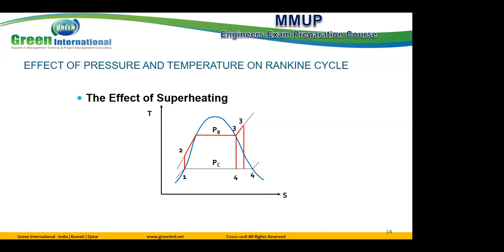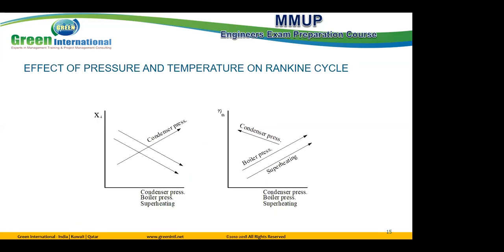The three ways obtain higher efficiency. In conclusion, on the chart on the right side, we find the efficiency for the cycle, and this is the effect of the three parts. Superheating increase, efficiency increases. Boiler pressure increase, efficiency increases. Condenser pressure decrease, efficiency increases.